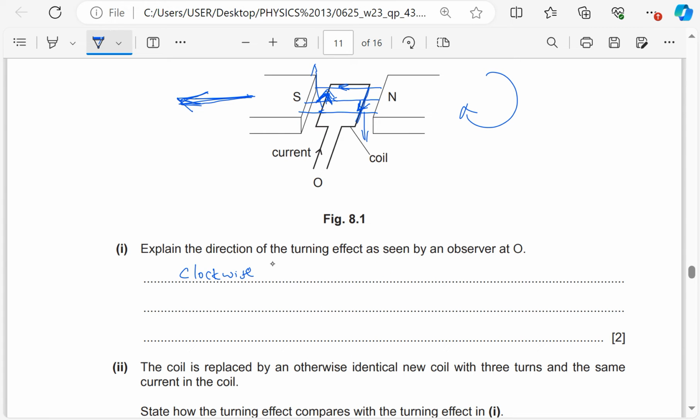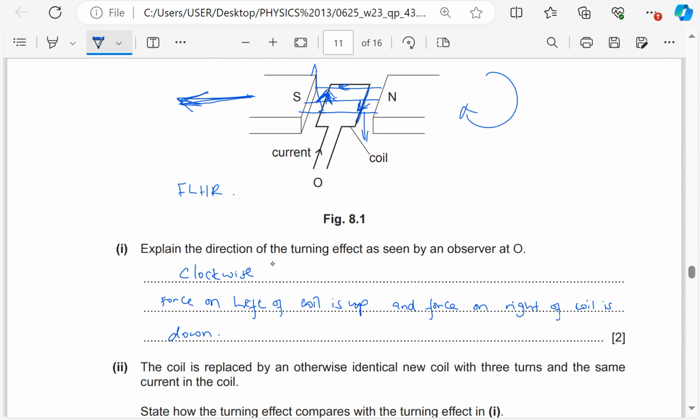And they said explain this. Of course, I said we can use Fleming's left-hand rule. So it means by Fleming's left-hand rule, the force on the left-hand side of the coil is up, and the force on the right of the coil is down.